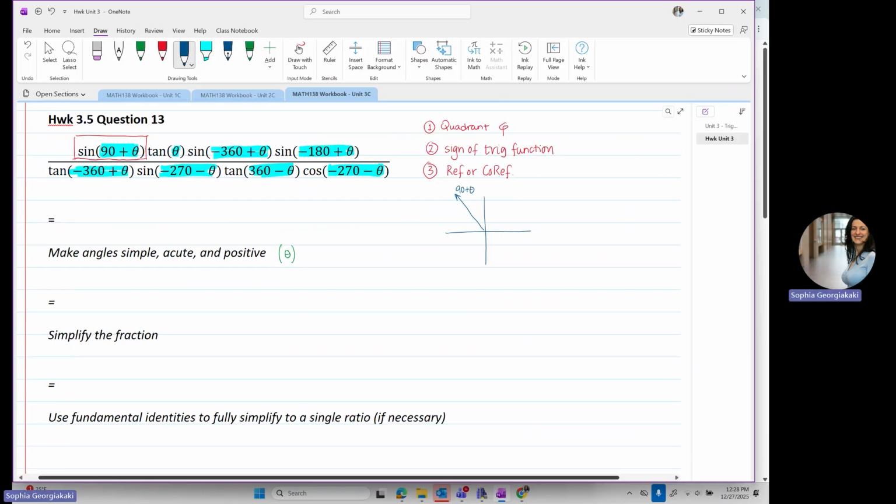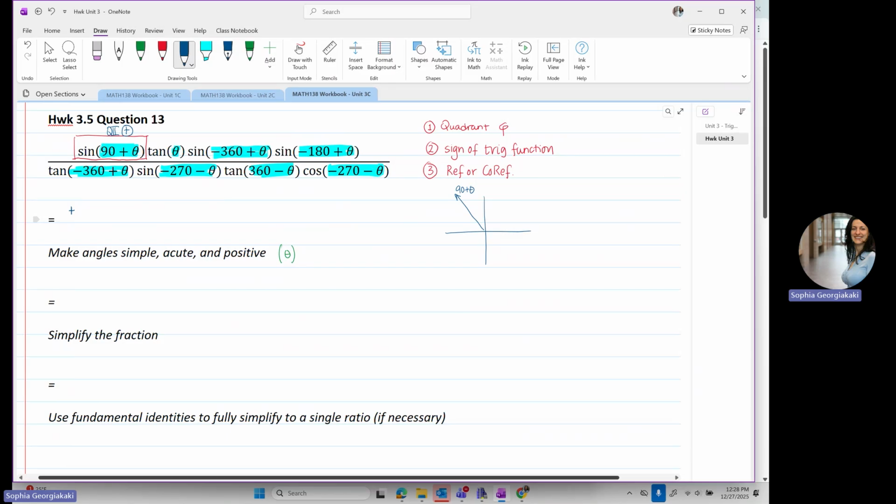So that's in quadrant 2. The sign in quadrant 2 is positive. So I know that the sign of the trigonometric function I'm looking for is plus. Obviously, when you write that in your answer, you don't need the plus sign. The plus is just for me to remember.